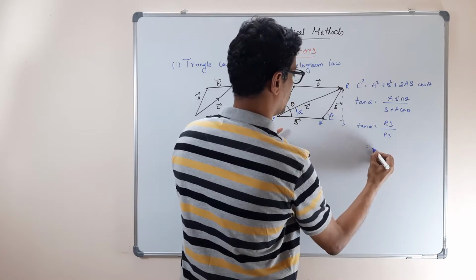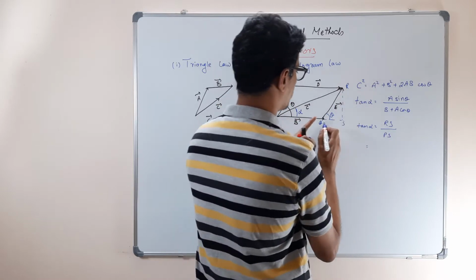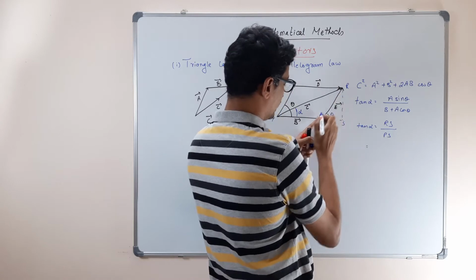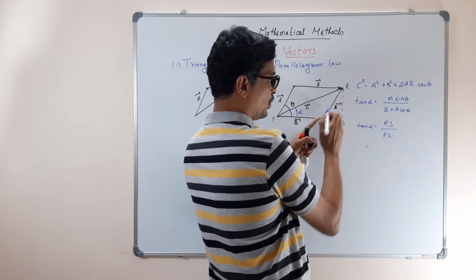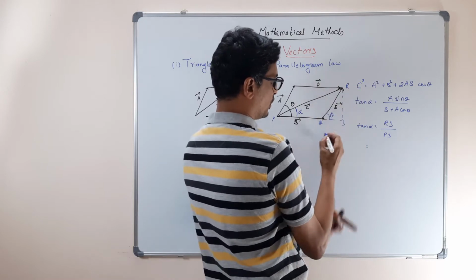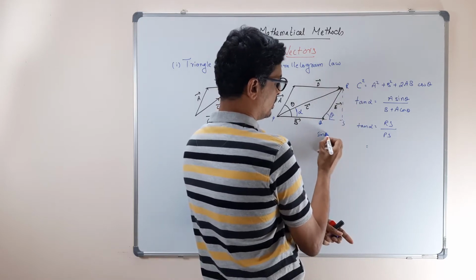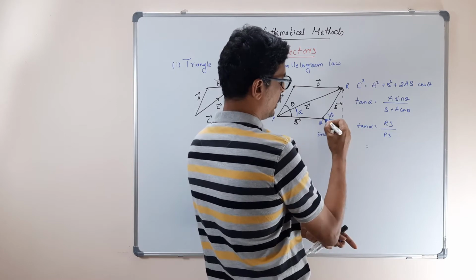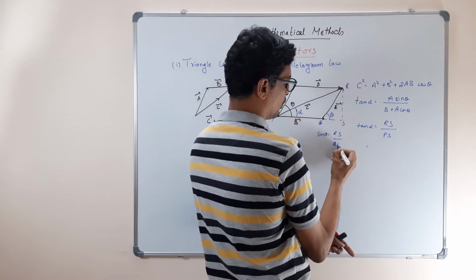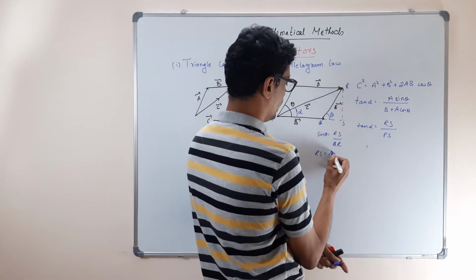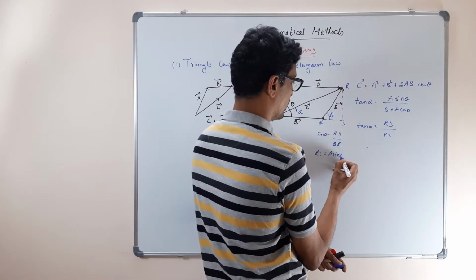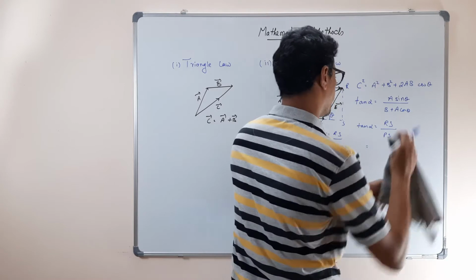So what is PS? What is RS? RS is this vector, correct? Now sine theta will be RS divided by QR. QR is nothing but a vector, correct? Therefore, RS will be A sine theta. So therefore, this becomes A sine theta.